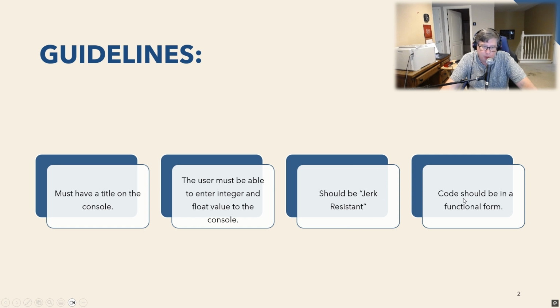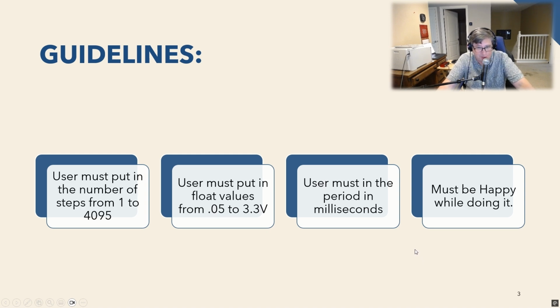The code should be in functional form. In the last video, both the sawtooth wave and the triangular wave were in functional form, so try to understand that type of coding. I'm sure you guys do, but there may be some viewers who don't.